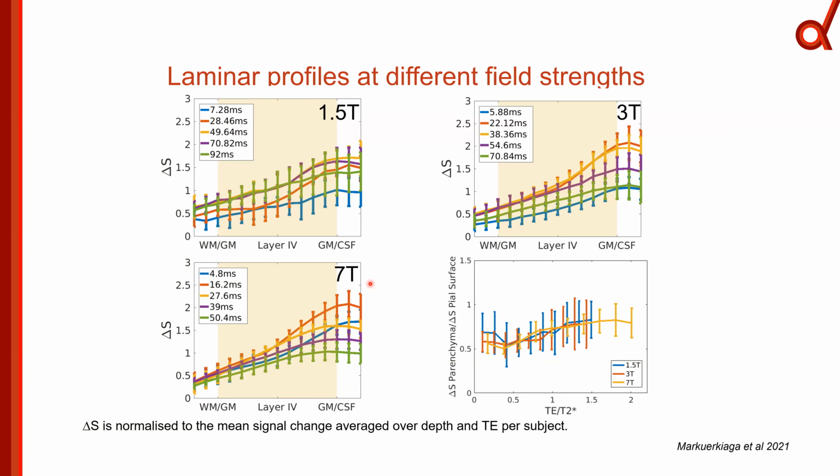And even if you would take the ratio of the parenchymal signal to the pial surface, it doesn't change very much. So the question is, of course, why is this? We all know 7 Tesla is vastly more sensitive than 3 Tesla, etc.